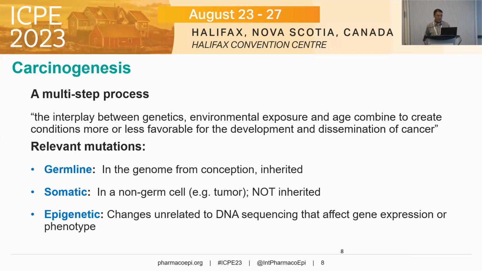And we know carcinogenesis is a multi-step process, right? It involves genetics, environmental exposures, and additional factors that become more or less favorable for the development and dissemination of cancer.